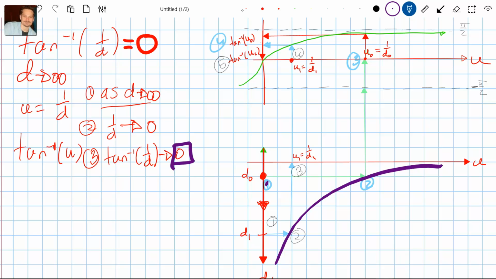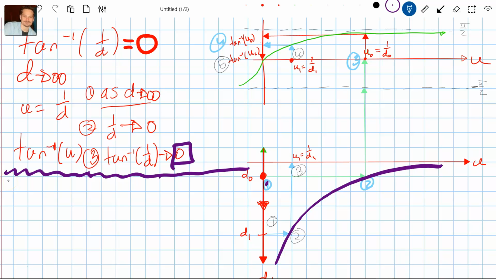Now, I've shown you an example where d approaches infinity, 1 over d approaches, as you can see, 0, and then tan inverse of 1 over d approaches 0 also. You can repeat this quite easily for other kinds of statements, not only this one. Do keep that in mind. But I will leave it here on your own. What you may want to consider is perhaps pause the video and figure out what this might be.